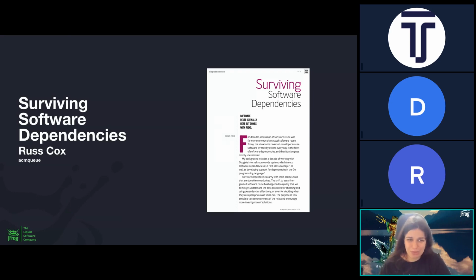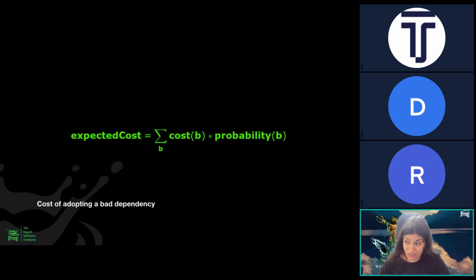We heard more about DevSecOps and why it's important. The cost of adopting a bad dependency can be viewed as the sum over all possible bad outcomes of the cost of each bad outcome, multiplied by the probability of it happening, the risk, right? Because there is a lot of risk when we're using a dependency that contains a security vulnerability, like log4j and other dependencies.